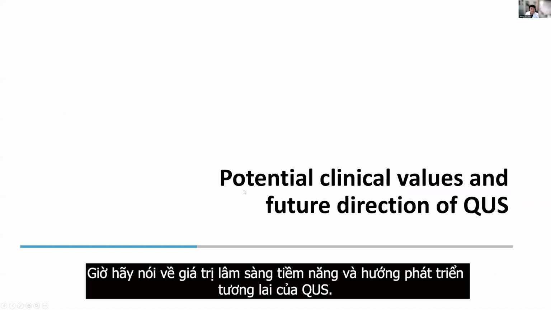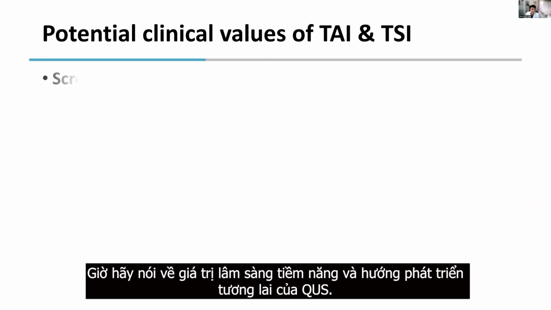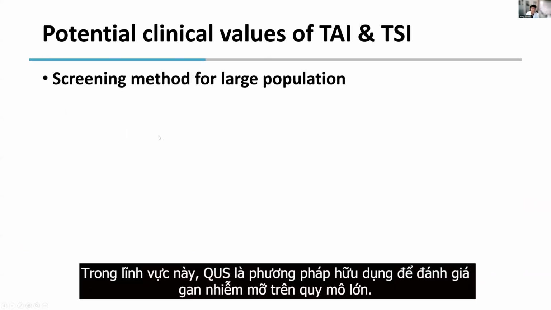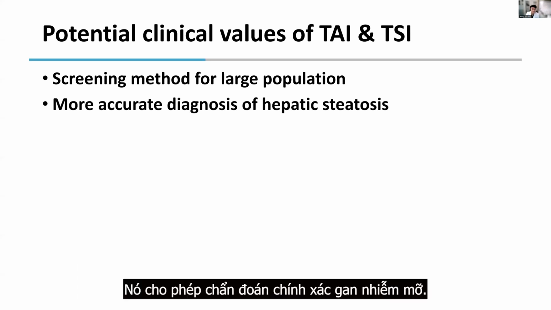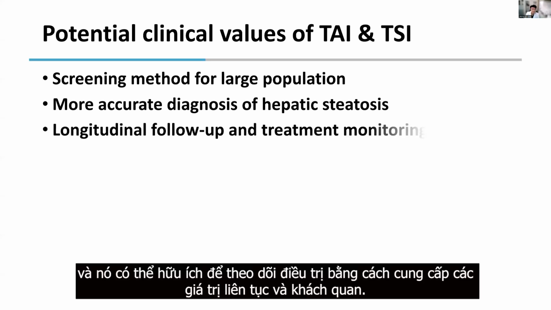Now let's talk about the potential clinical values and future directions of QUS. In this context, QUS can be helpful as a screening method for assessing hepatic steatosis in a large population. It enables a more accurate diagnosis of hepatic steatosis, and it can be helpful for longitudinal follow-up and treatment monitoring by providing continuous and objective values.